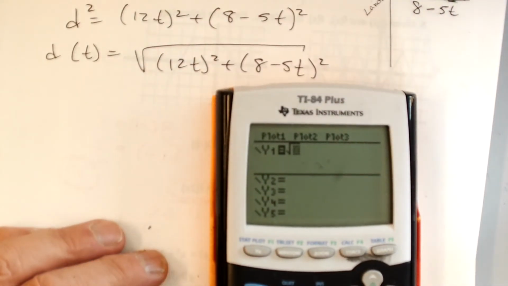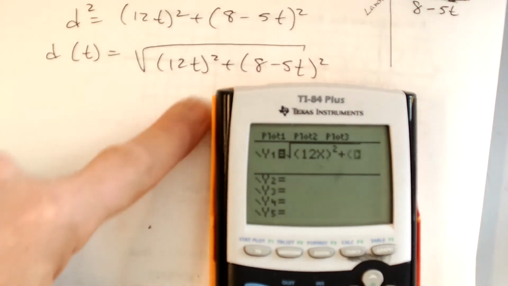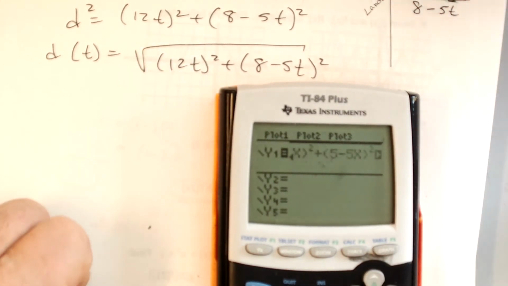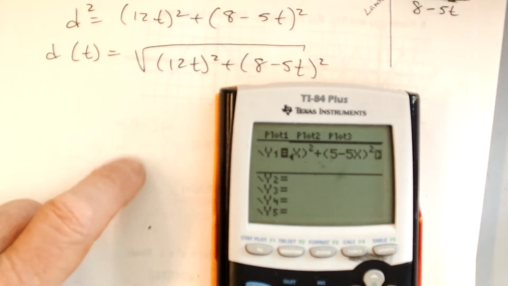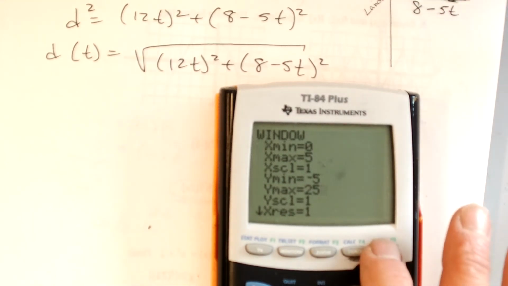I just like my calculator, 12x quantity squared plus parentheses 8 minus 5x quantity squared. And I should be able to graph this by doing a window. I don't think 100 is going to be way too big. I mean, I think I'd go probably like 25 miles apart at most.